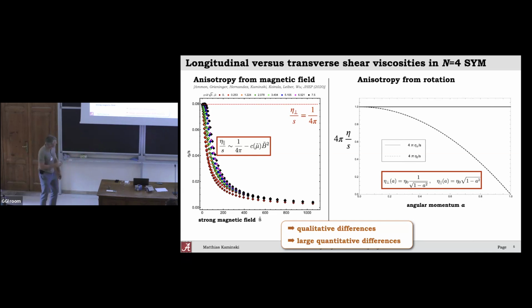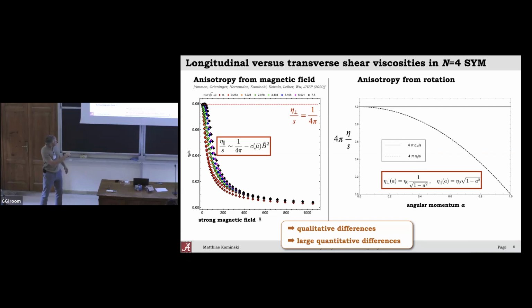There are 2 equations that you can extract from our data that give you the relation between the shear viscosity at zero angular momentum, so when nothing's rotating, which is 1/4 pi for both of them when you divide it by s. And so that's without the angular momentum. But when you switch on angular momentum, then you have this enhancement, well, suppression by a Lorentz factor, I would say.